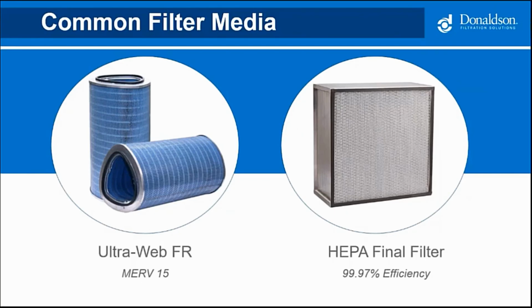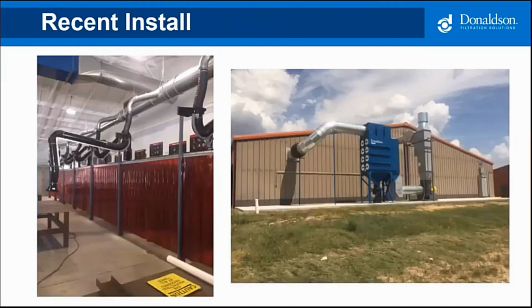So I'm going to show you that here in the next slide, which is an actual installation in Oklahoma that I was involved with. And you look at the photo to the left, and you can see the articulating arm. You can see the laterals coming into the ductwork like we talked about. There's the return air coming in. You can't see the HEPA filters on that, but we are recirculating that with a safety filter.